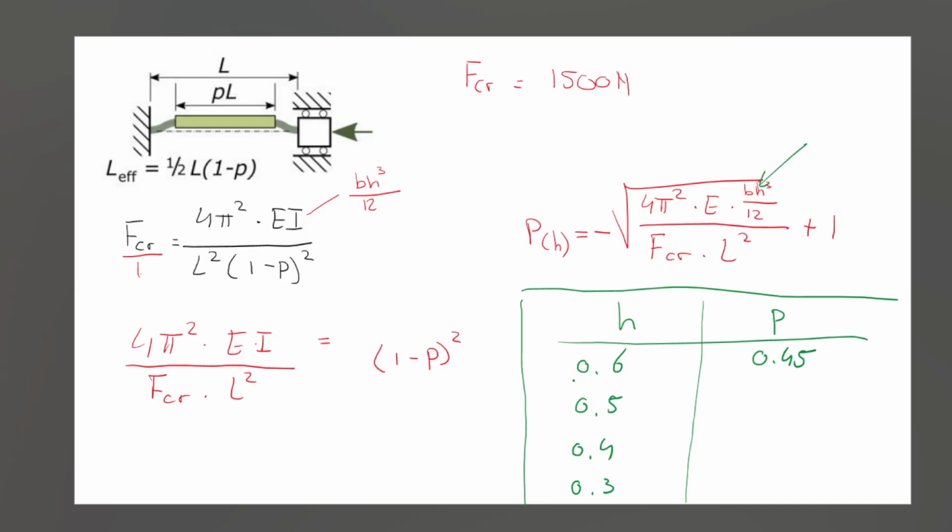Now, if it becomes thinner, 0.5, now the p-value is 0.86 or 87. So more of the beam basically has to be reinforced because my sheet is getting thinner, so the risk for buckling is getting higher without reinforcement. For 0.4 it is 0.93, or actually 94.